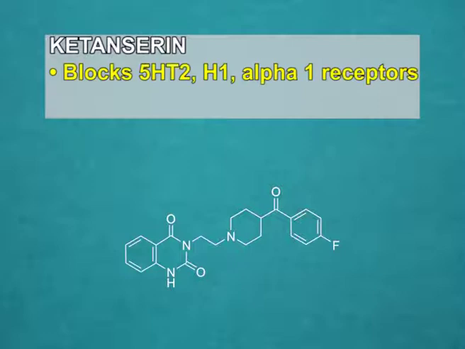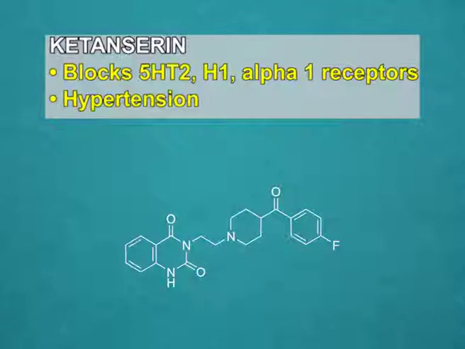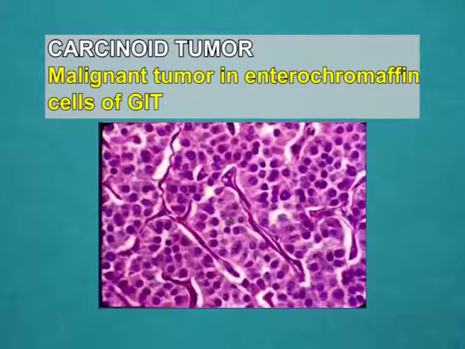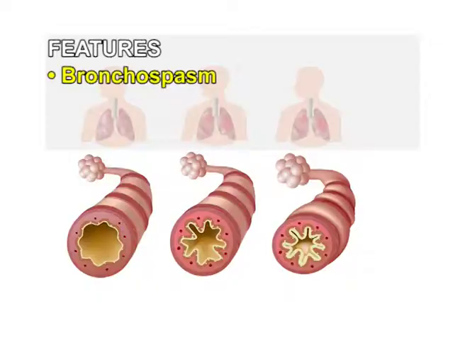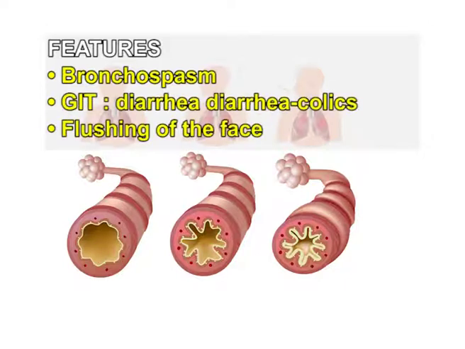Ketanserin blocks 5-HT2, H1 and alpha 1 receptors. It may cause hypotension. Now we are discussing carcinoid tumor, a malignant tumor in enterochromaffin cells of GIT. Features are bronchospasm, diarrhea, colics and flushing of the face.